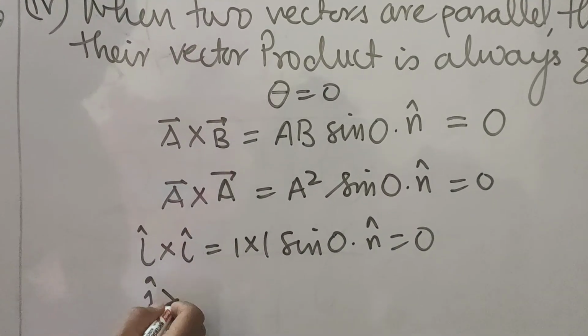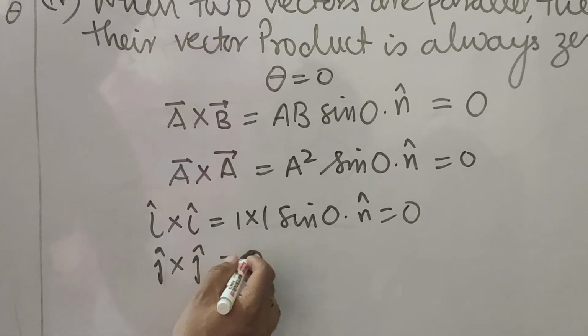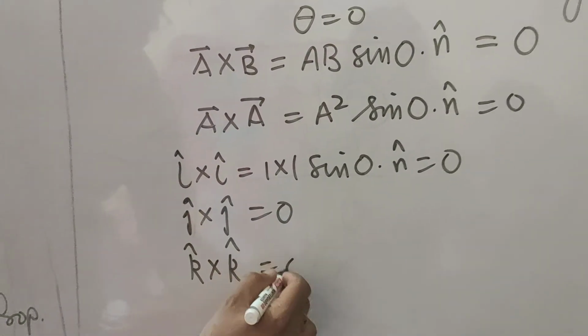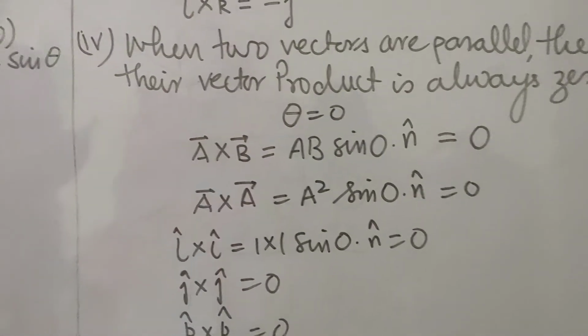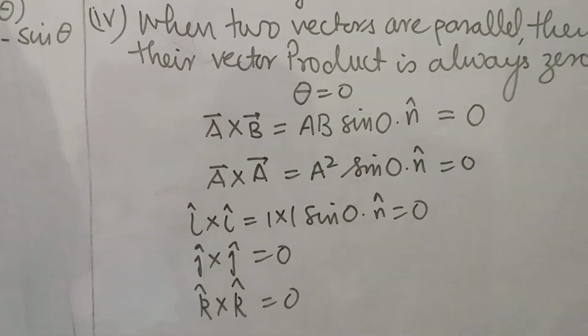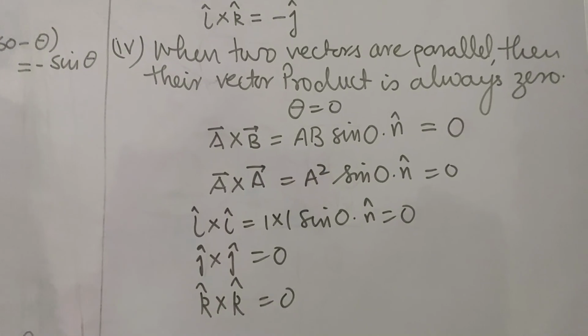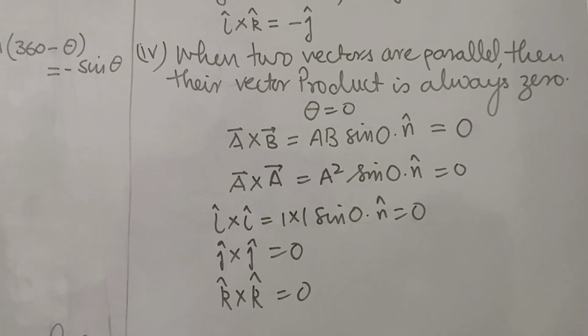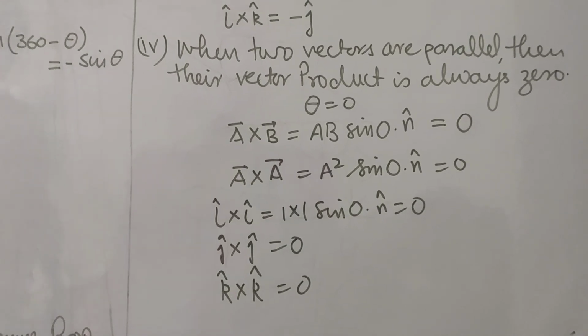Similarly, j cross j is 0, k cross k is 0. Self product is always 0 in case of vector product, whereas in case of scalar product, self product gives you a value. This is all about the properties. One property is left that I will discuss now.